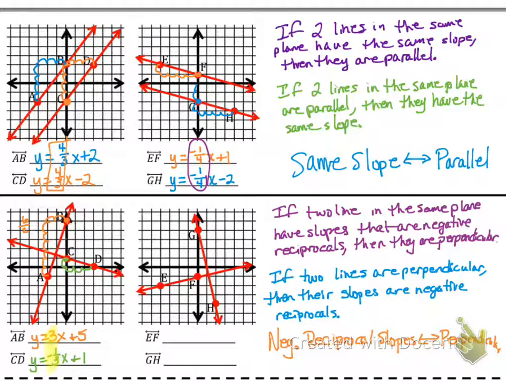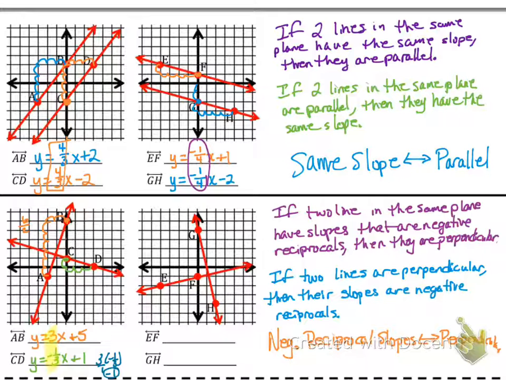So we're just going to go forward from here. I've highlighted my two slopes. When I multiply those together, 3 times negative 1/3, put that over 1, and I get negative 3 over 3, which is negative 1.